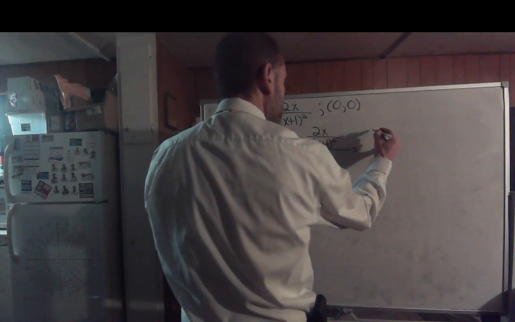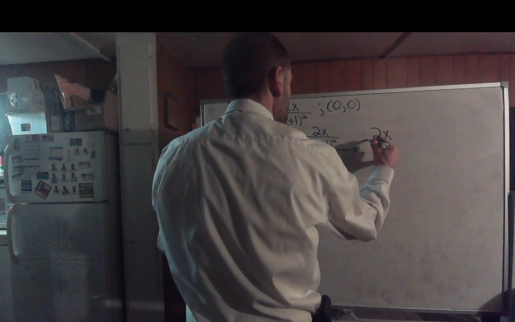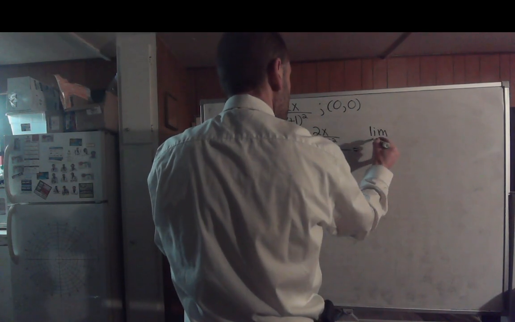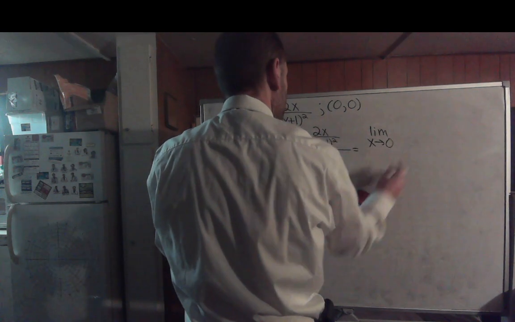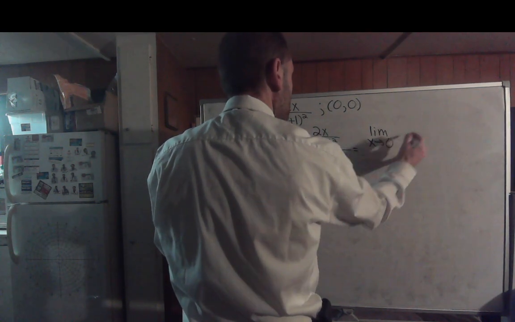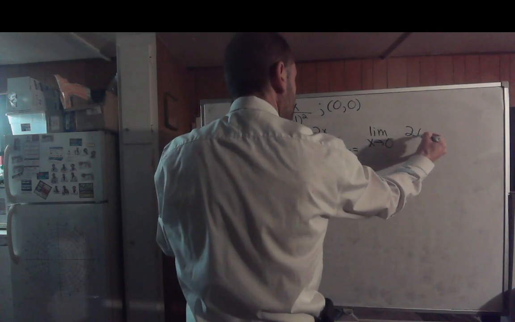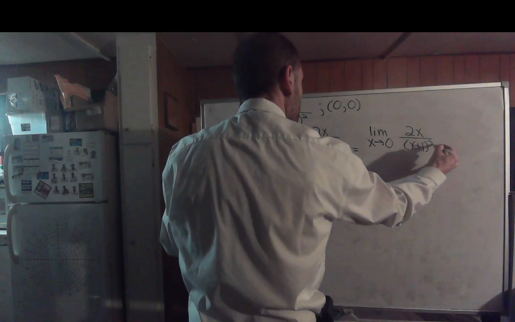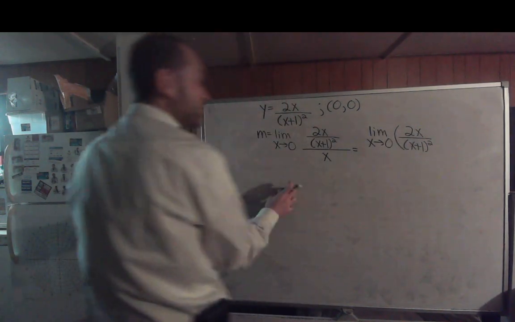This is going to end up being, well, I should say the limit as x approaches 0 of 2x all over (x plus 1) squared. Now we have a complex fraction, so this would be times 1 over x. Well, you have an x that cancels out.